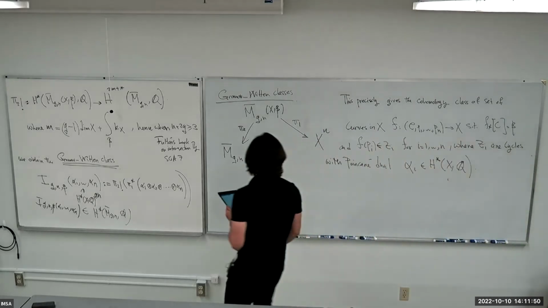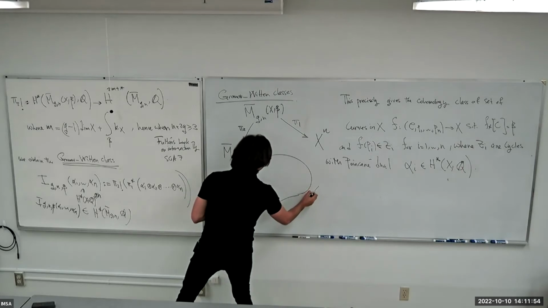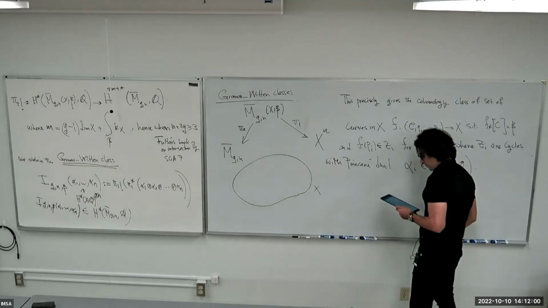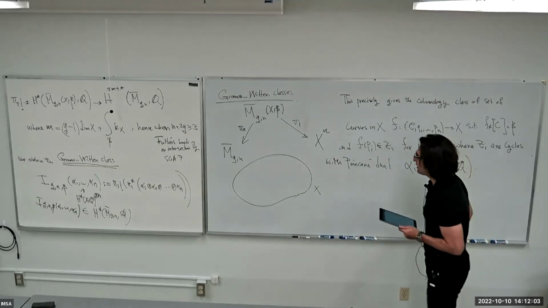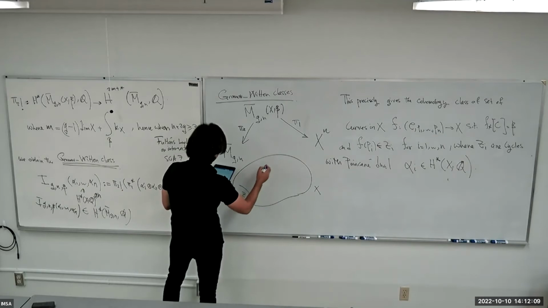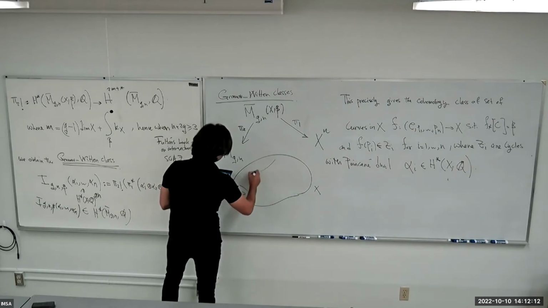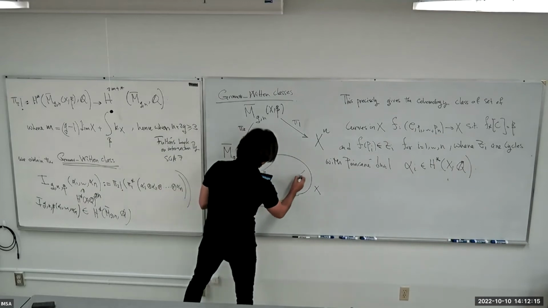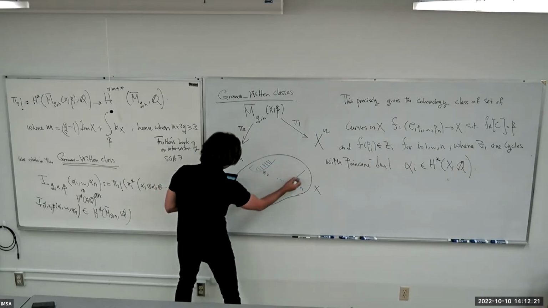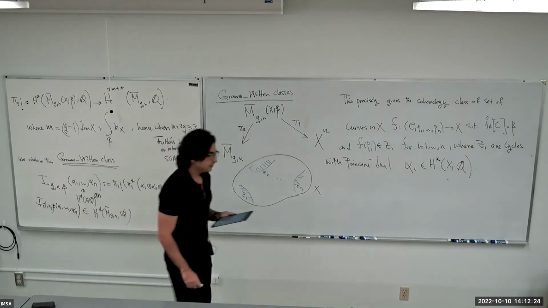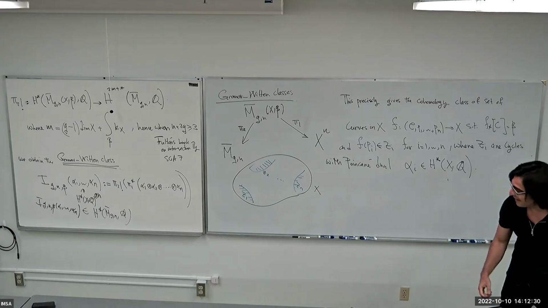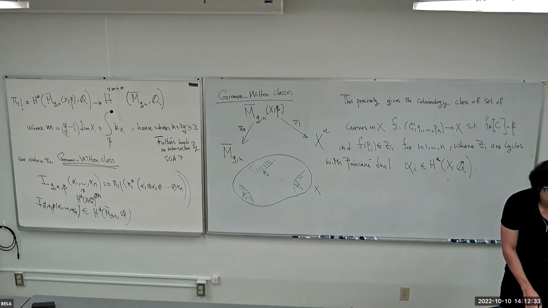So pictorially speaking, I have X, okay, and I have chosen subvarieties of X. So I have chosen Z1, okay, I've chosen some other locus Z2, and I've chosen some other locus Zn, like that, and I'm looking at curves that are passing through this system, right?